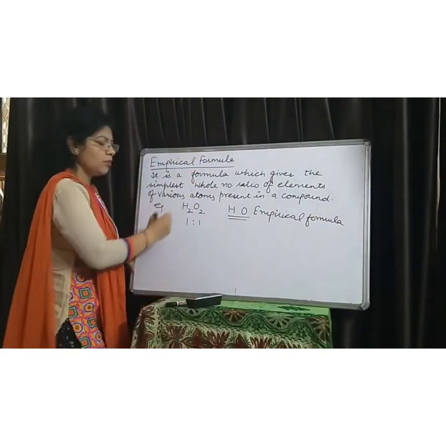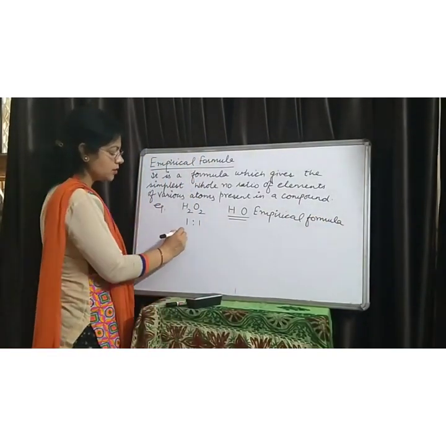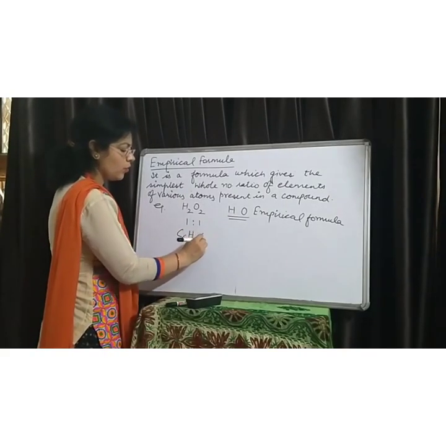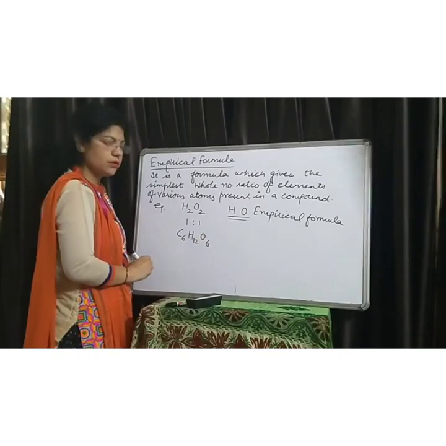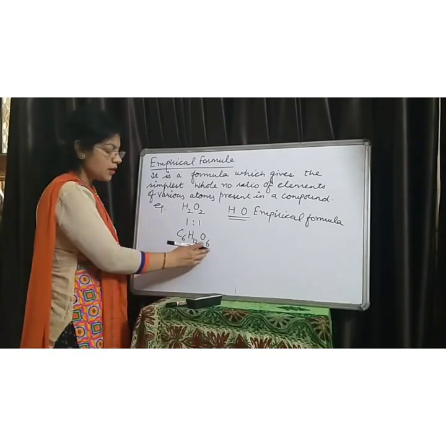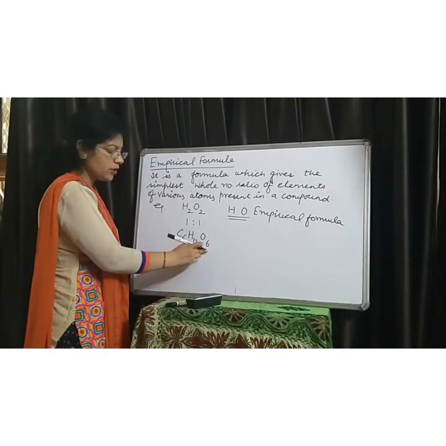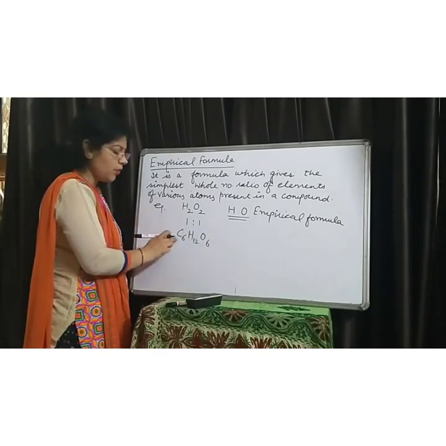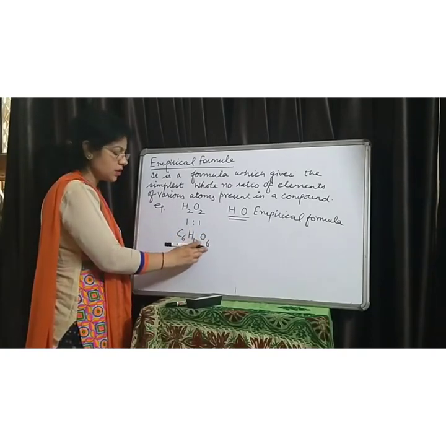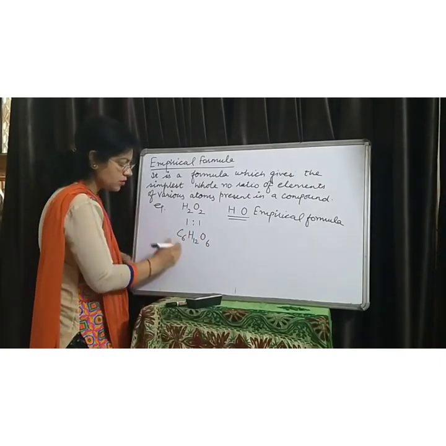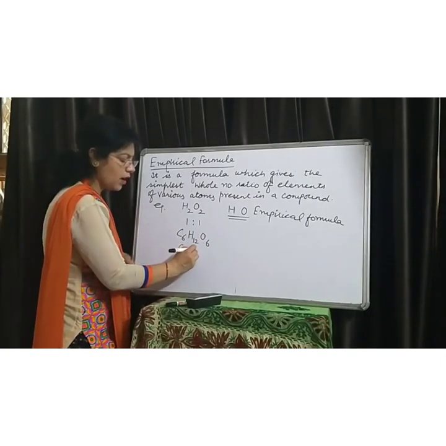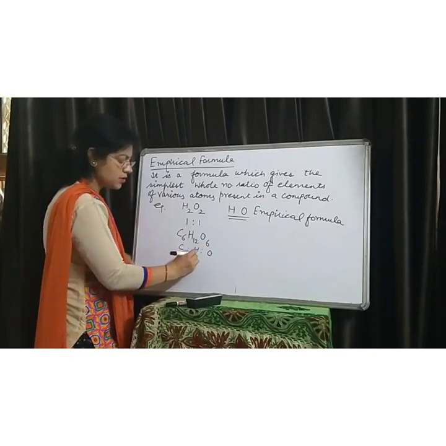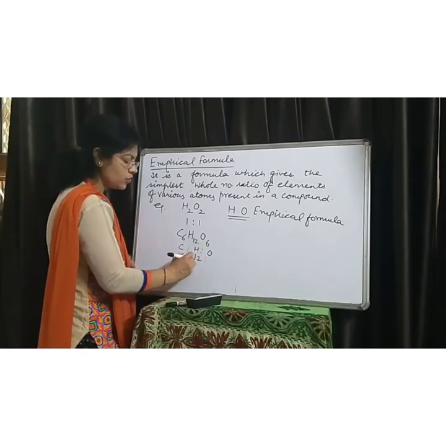Similarly, the molecular formula of glucose is C6H12O6. If we want to find its simplest ratio, then divide the numbers in the compound by 6, because the ratio of carbon, hydrogen and oxygen is 6:12:6.